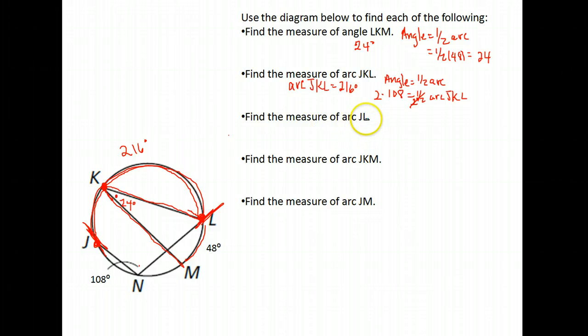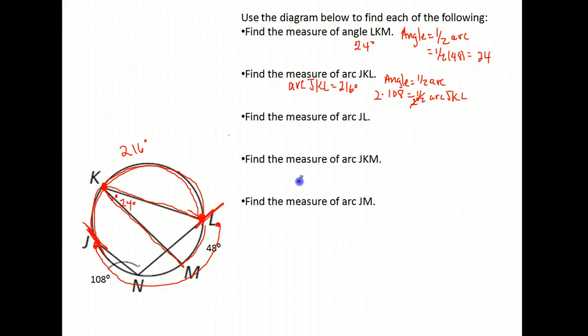Next, what's the measure of arc JL? Now JL would be the minor arc associated with that. Since we didn't list the letter in between, what's the measure of this minor arc from J to L going the other direction around the circle? Well, a full circle is 360, and these two together make up the full circle.